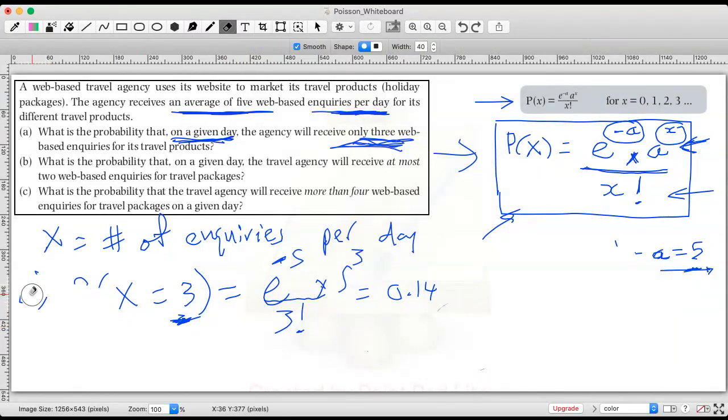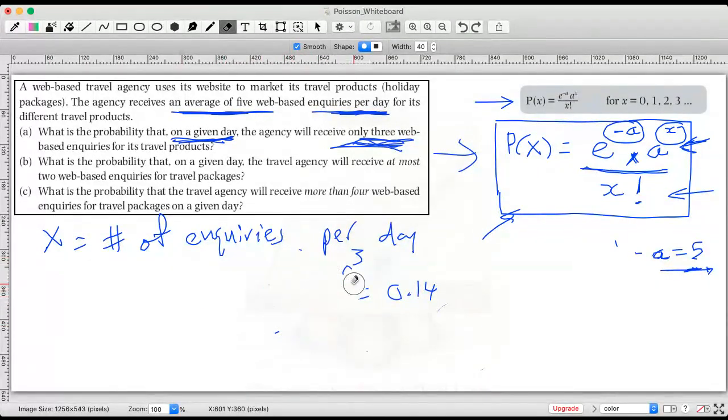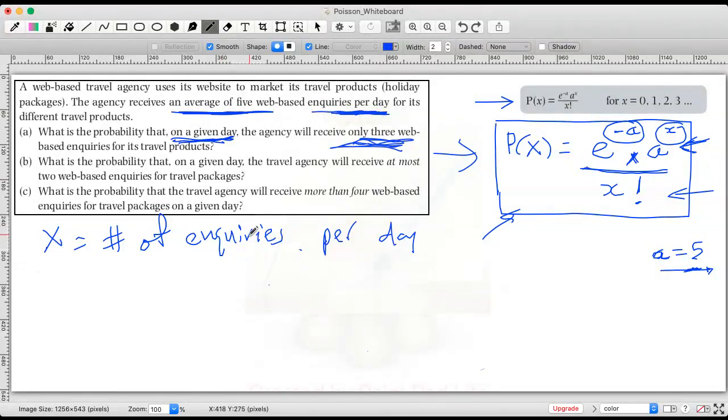So I'm just going to clear this out. Okay, we're going to move on to question B. What is the probability that on any given day, the travel agency will receive at most 2 web-based inquiries for travel packages?